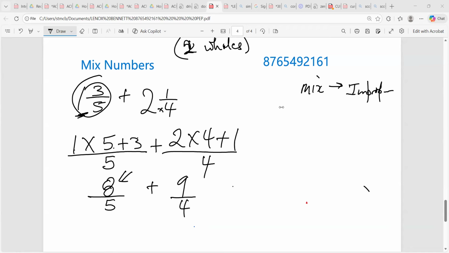Neela, go ahead. What's the next step? We're not hearing you, Neela. Okay, so sir, first you have to find the LCM of the two denominators, which is 5 and 4.